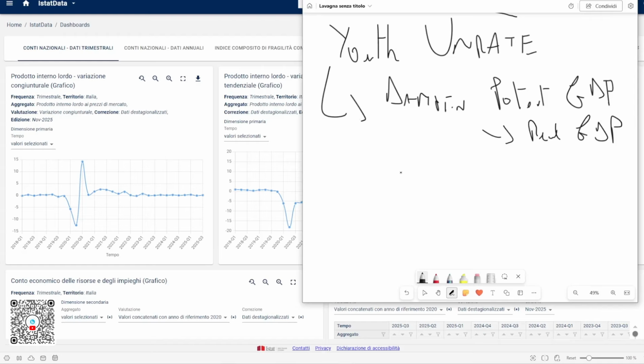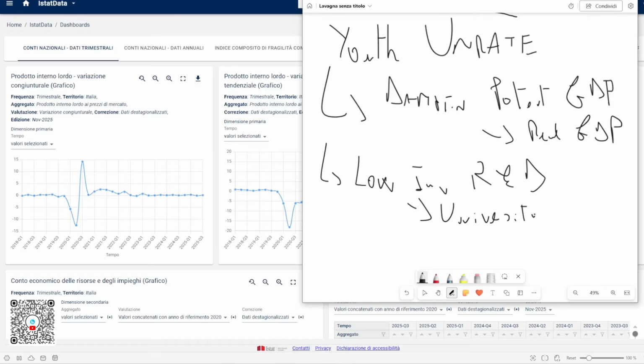constraining the economy in Italy is the low investment in R&D and in university. And these two are interlinked, because a lot of people who have high degree education and PhDs, many bright Italian researchers, are scooped up into the United States, the UK, Germany, Switzerland, and France.